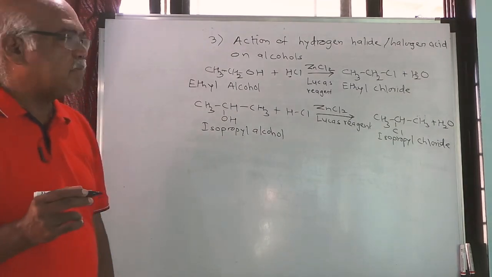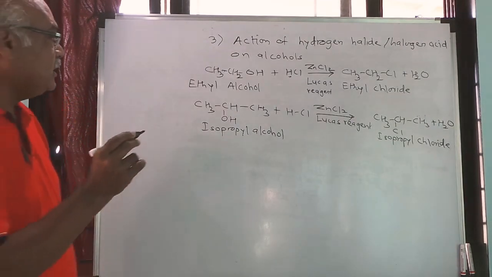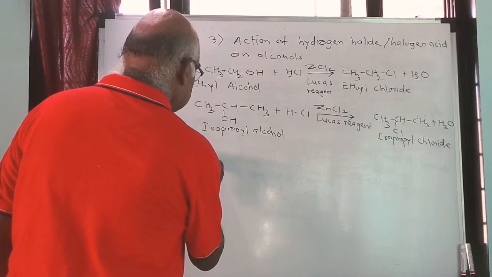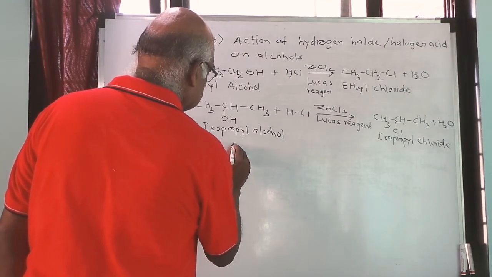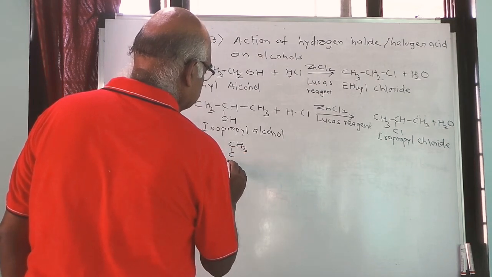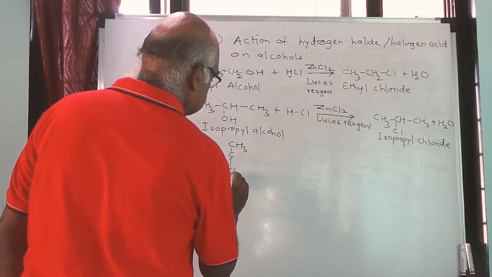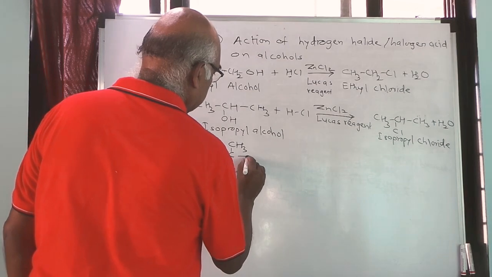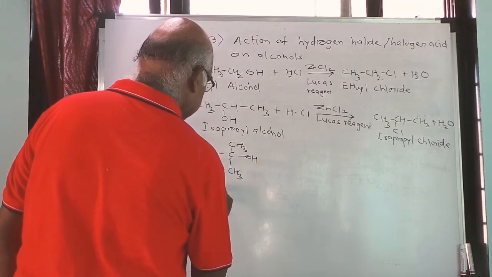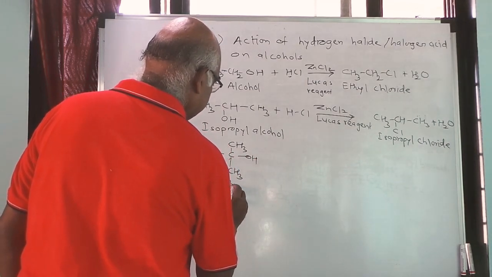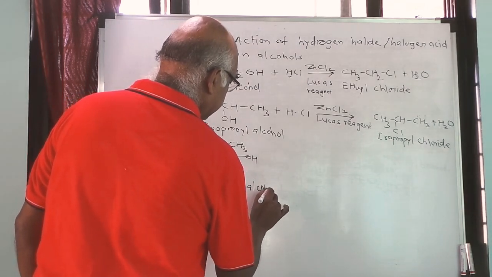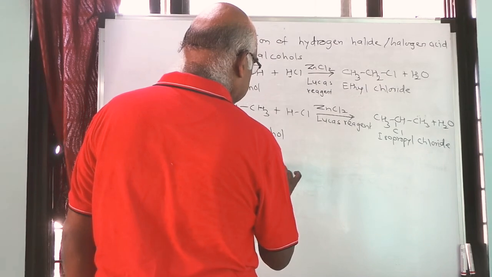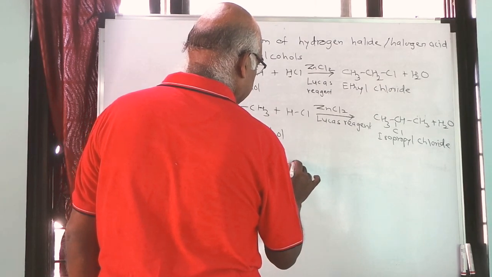And suppose I take tertiary alcohol, (CH3)3C-OH, tertiary butyl alcohol, and treat it with HCl again.